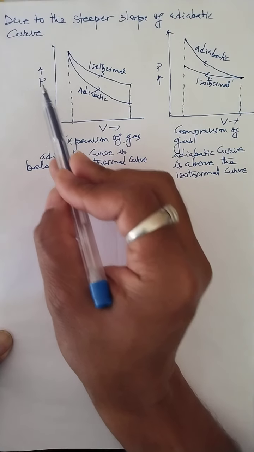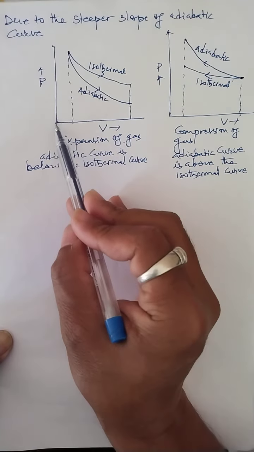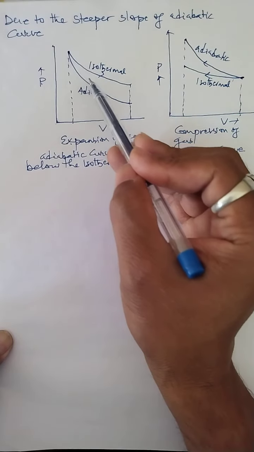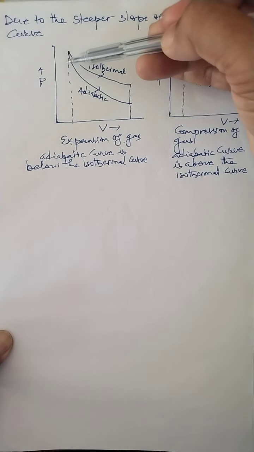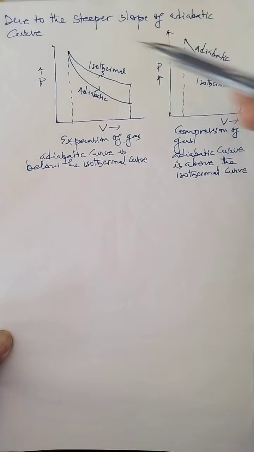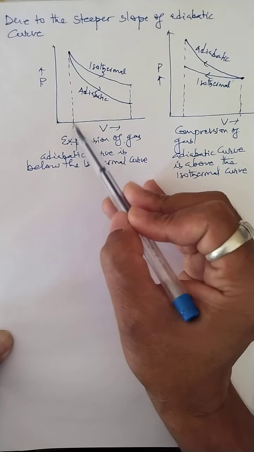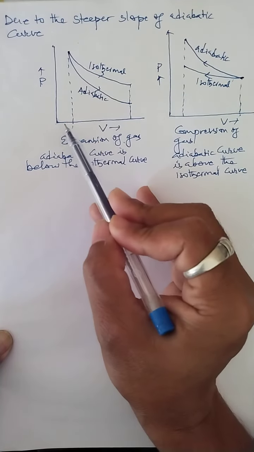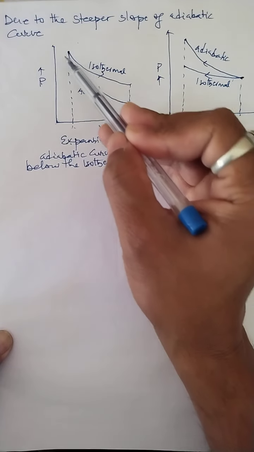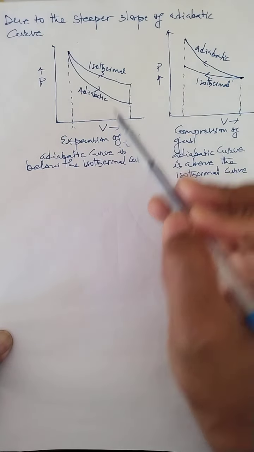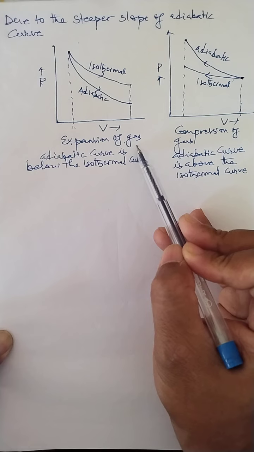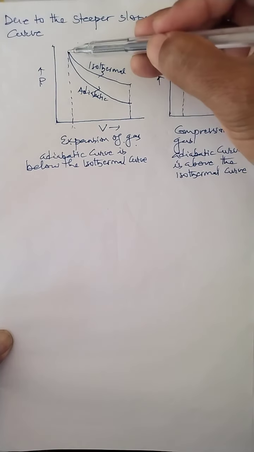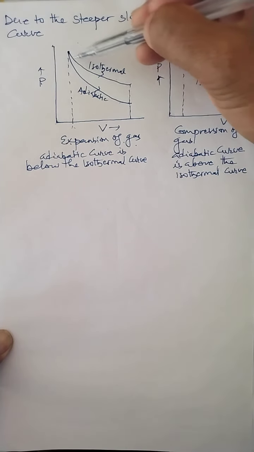If the gas expands, it means the volume increases. And you know what happens? When you plot a graph between pressure and volume, when volume increases, pressure decreases. So the graph goes in this manner. At a certain volume the pressure is maximum, but once the volume starts increasing, the pressure starts decreasing. When the gas expands, we always observe that the adiabatic curve will be below the isothermal curve.